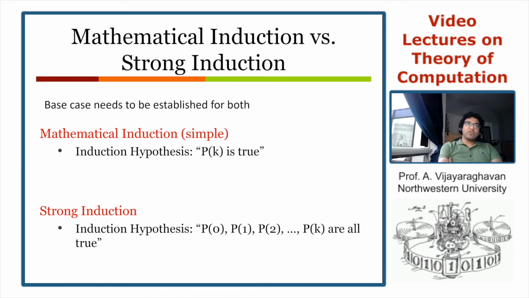In strong induction, the induction hypothesis is more powerful because you assume that the predicate is true for all natural numbers starting from the base case up to k, and then you try to prove that it is true for k plus 1. Here, the 0 is really the base case, so if the base case is not 0, it should start with the base case.